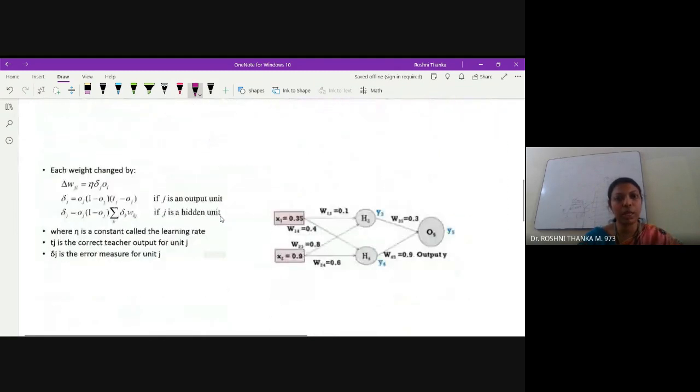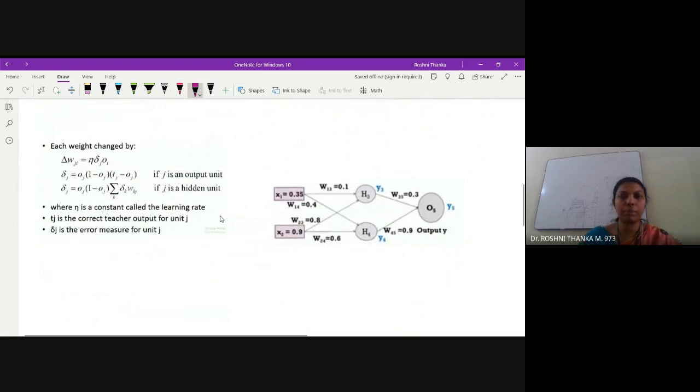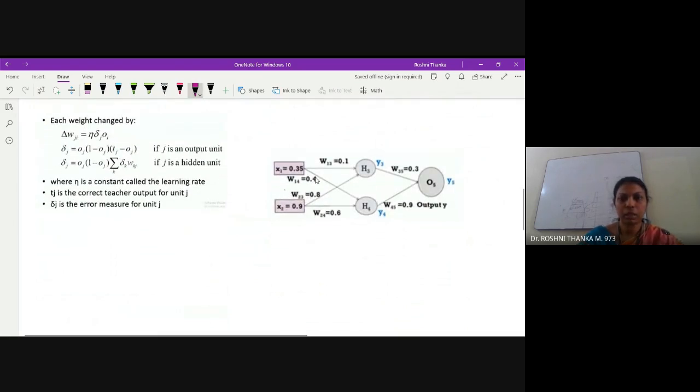How will you update the weight? This is the formula. When we learned logistic regression, to reduce the weight we used the gradient descent algorithm. The same thing is here also. We are going to use that for reducing the error.